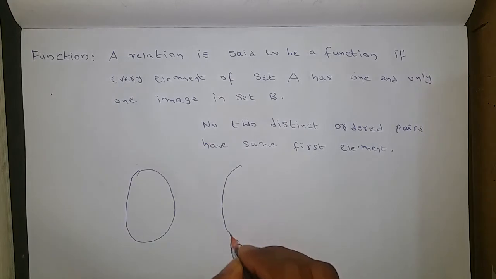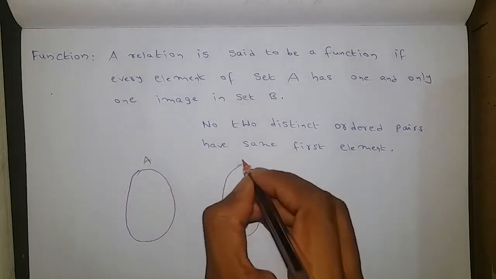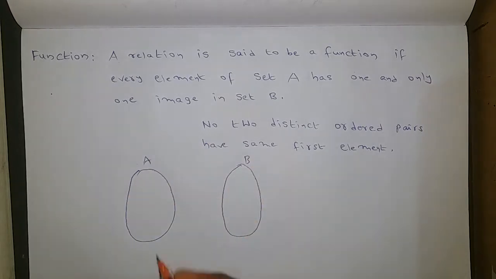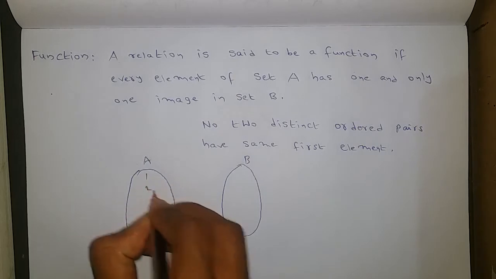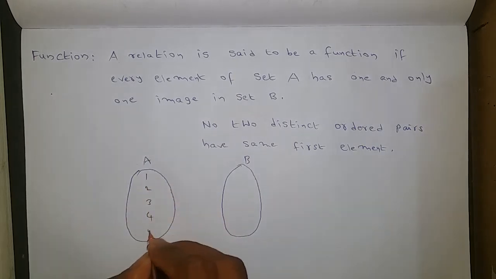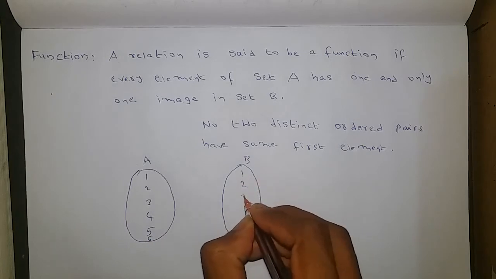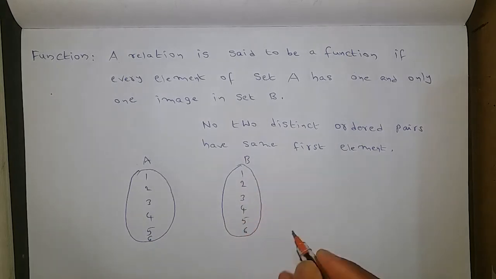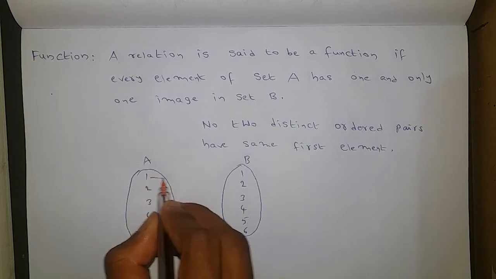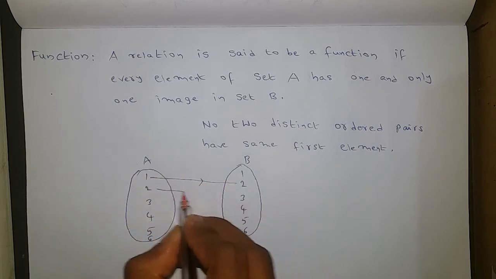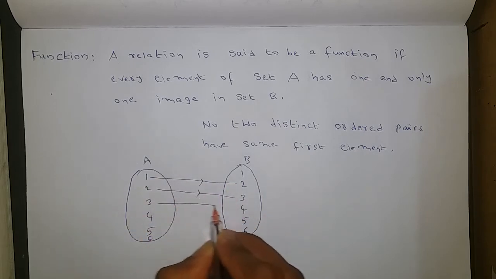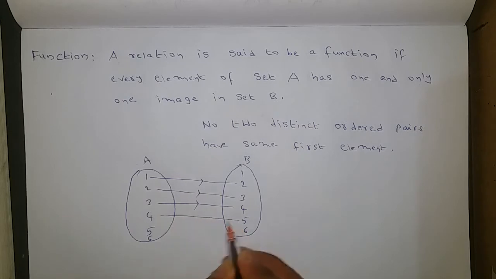I have two sets, set A and set B. In set A, we have the elements 1, 2, 3, 4, 5, 6, and in set B also the same elements, 1, 2, 3, 4, 5, 6. 1 is connected to 2, 2 is related to 3, 3 is related to 4, 4 is related to 5 and 5 is related to 6.